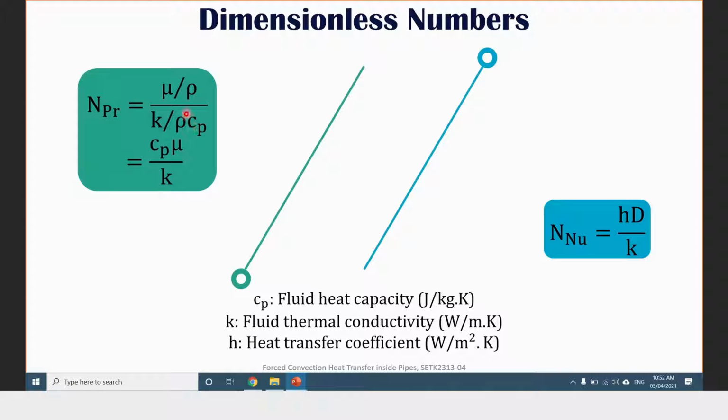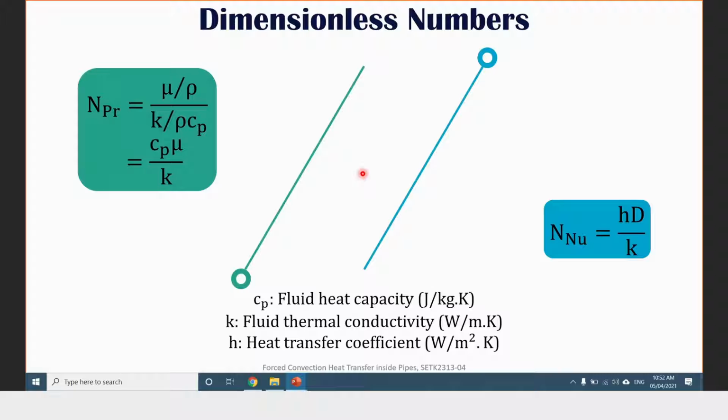So why do we need all these dimensionless numbers? It's so that we can correlate, because to calculate the flow, we actually use complicated empirical equations, so complicated that we won't cover them in this course.